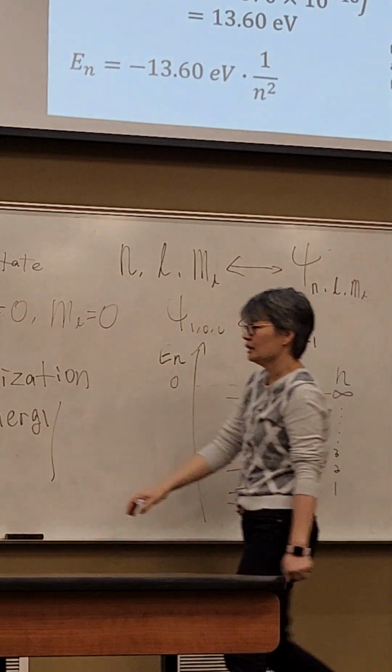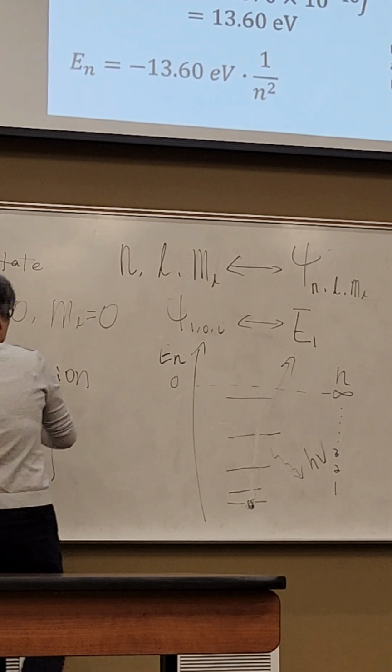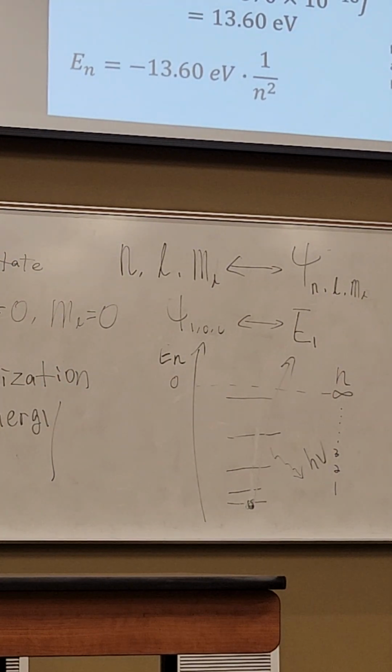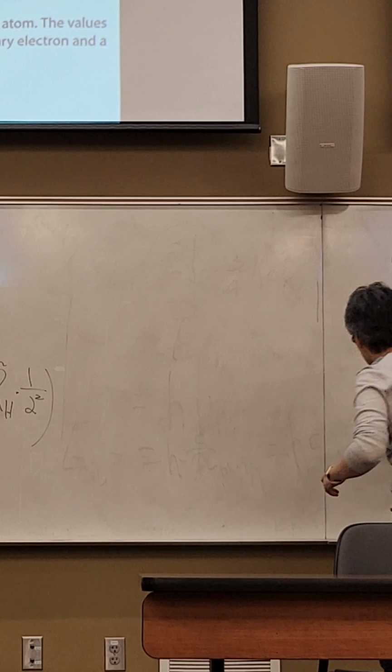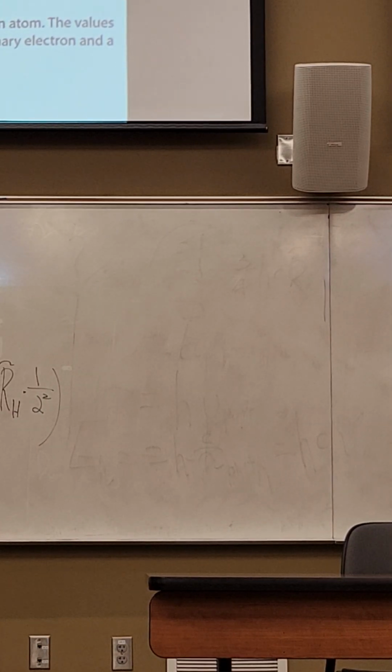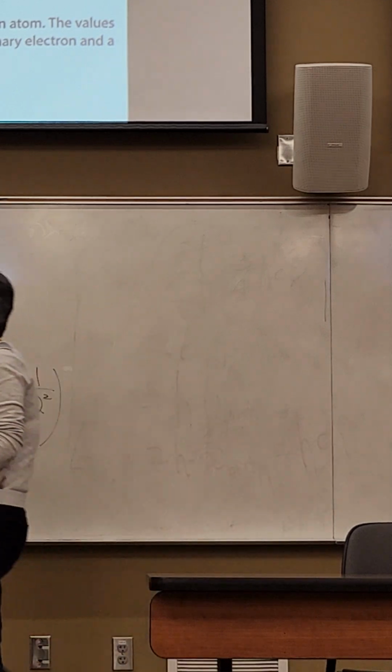So the ionization energy is the energy required to remove the electron from the ground state. Now, how do we calculate this? Sometimes people use IE to refer to the ionization energy, fine.